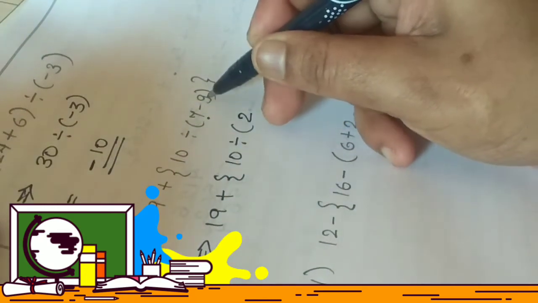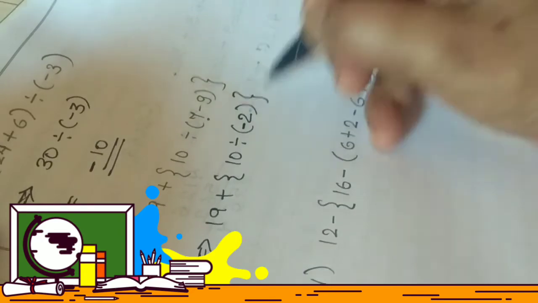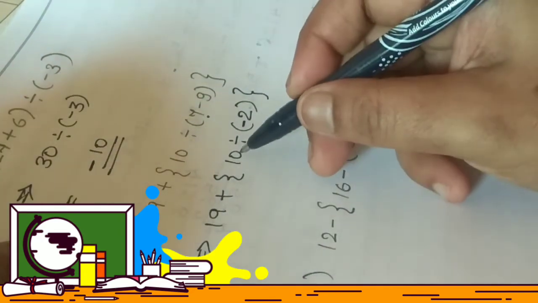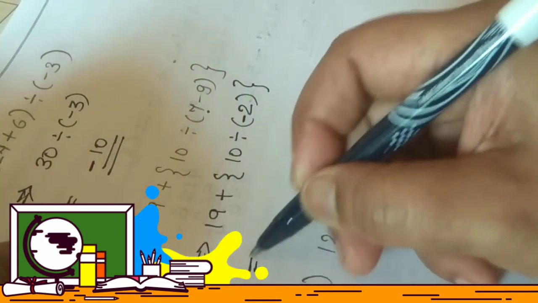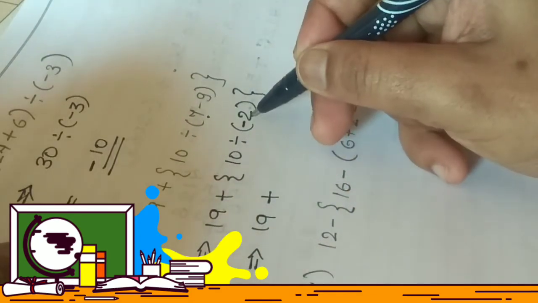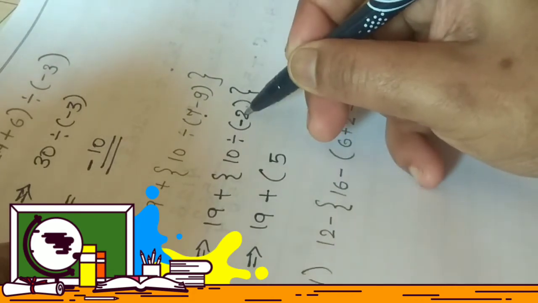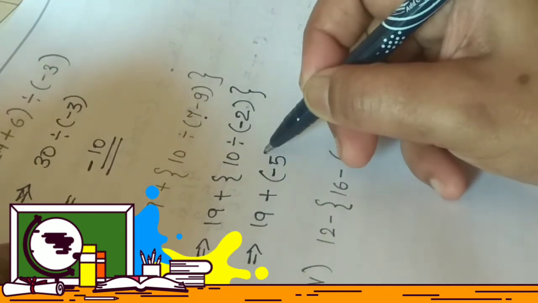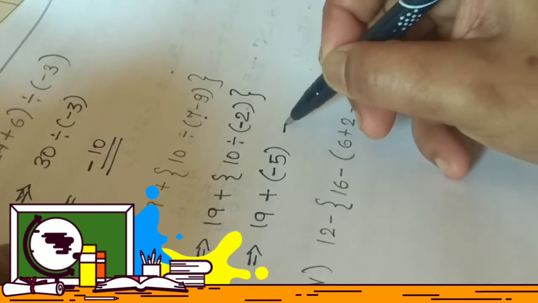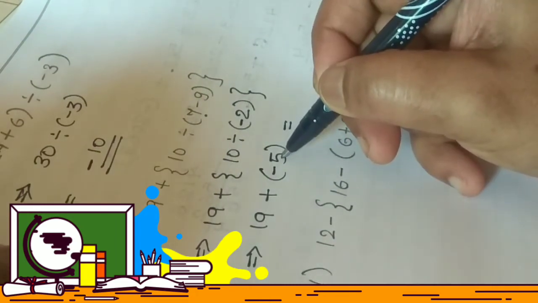The sign of the bigger number is minus, so we will put minus 2 and close the bracket. That means 10 we have to divide by 2. So 19 plus 10 divided by minus 2. One of the numbers is negative, so in the answer it will become minus. So minus 5. 10 divided by minus 2 will become minus 5.